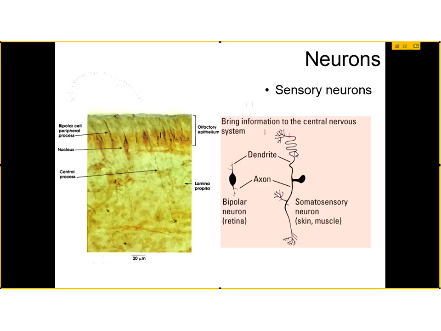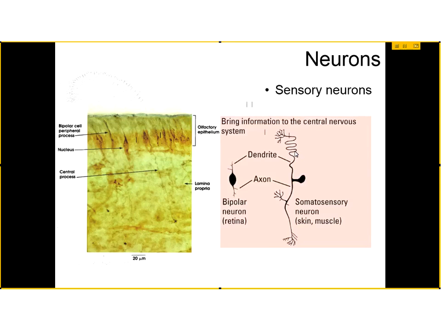So sensory neurons are really collecting information, whether it be mechanical, chemical, or information, for example, from the electromagnetic spectrum, light, from our environment, and communicating that into the central nervous system. That's the real function of these sensory neurons.